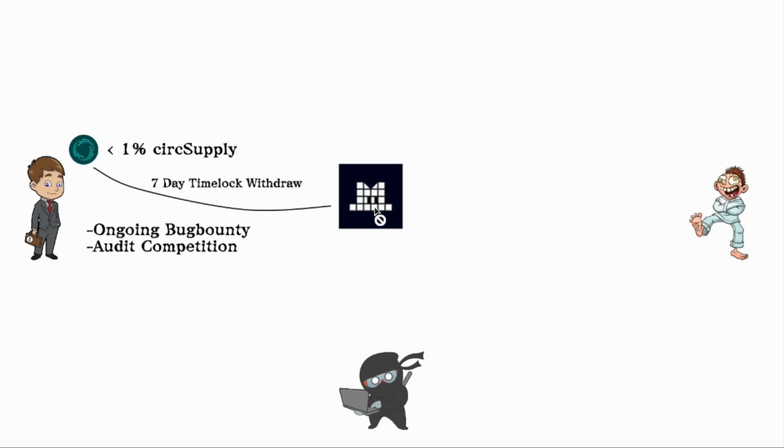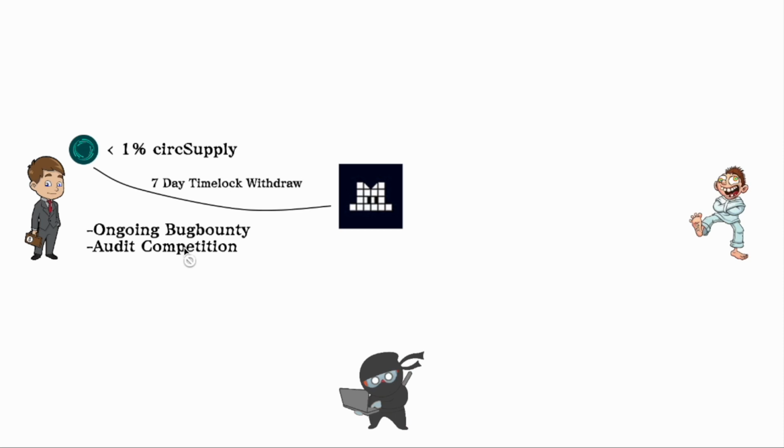Now there are a lot of settings and choices, a lot of parameters you need to give, but the main idea is that you can choose between having an ongoing bug bounty or an audit competition. The difference between them is basically a time factor. Ongoing means it's from now until forever, and an audit competition means they have to submit things before the end of that time period, and they'll be granted the reward based on what they've submitted.